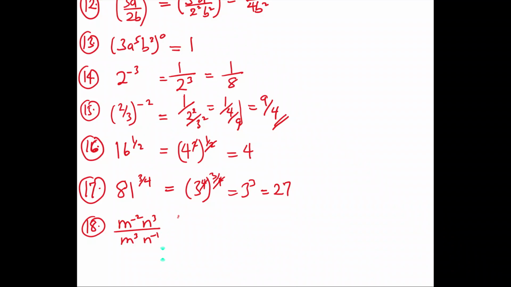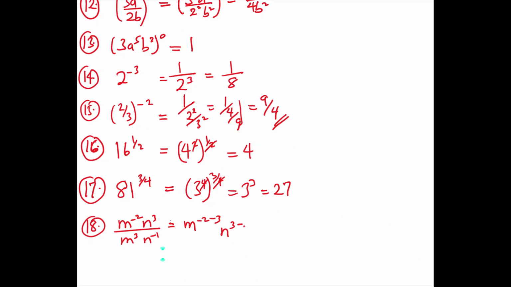And then the last one, number 18, we have m raised to power minus 2 n cubed all over m cubed raised to power n over n minus 1. Okay, so this one, let's just bring out the sides with the same base together. So m raised to power minus 2, then 3, when 3 is coming up, it's going to change to minus. So minus 2 minus 3.